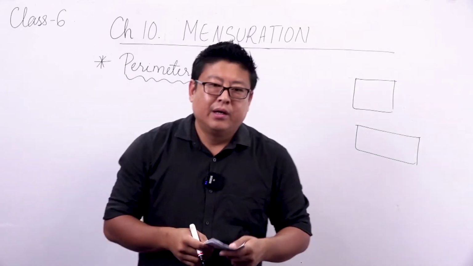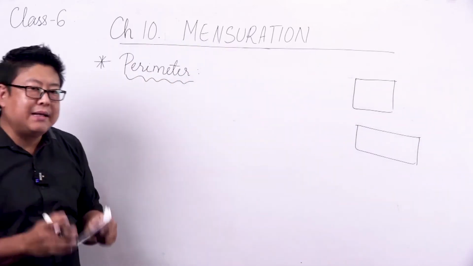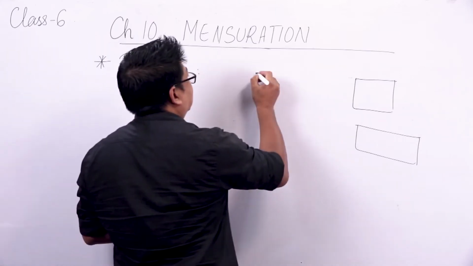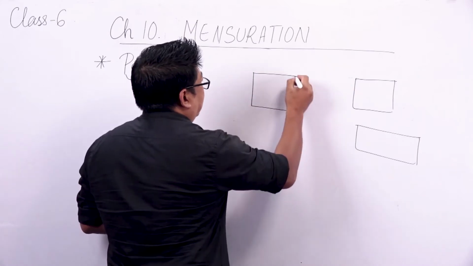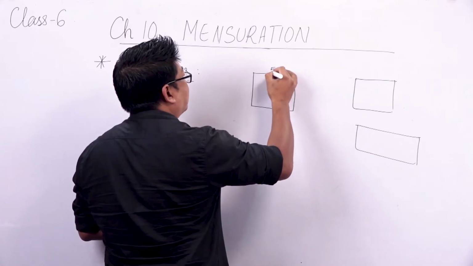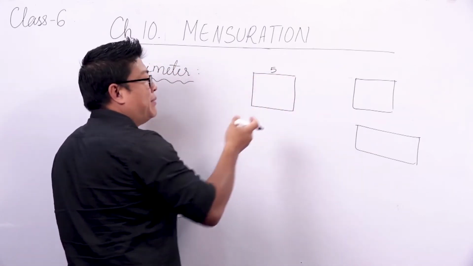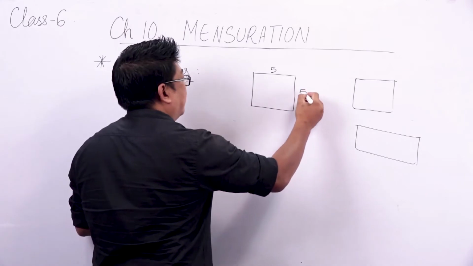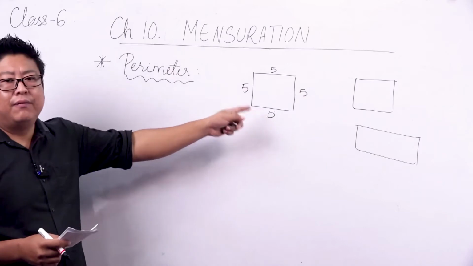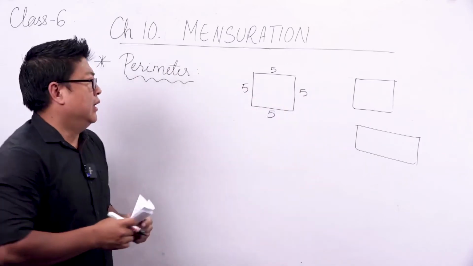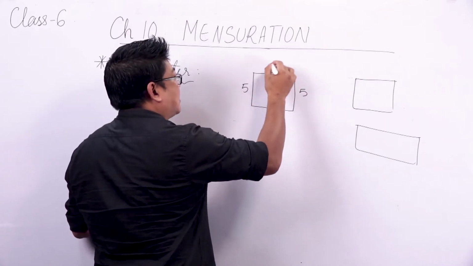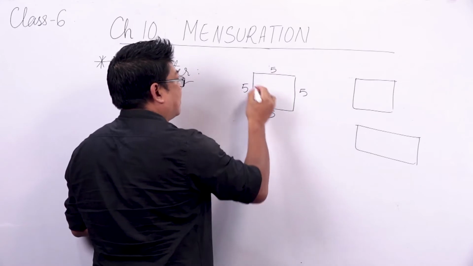All right, children. Perimeter, if you put it simply, is the total distance. For example, I have a square with me. If one side is 5, that means in a square all the sides will be 5, because all the sides are equal. Now, if you are asked to find the perimeter for this square, you are going to take this measurement plus this, plus this, plus this.